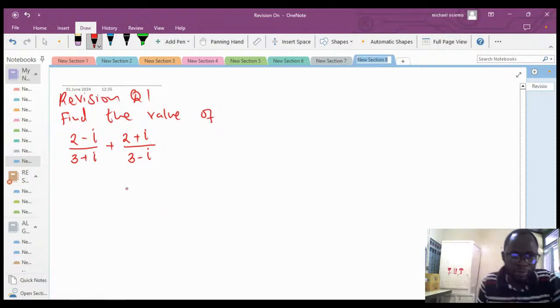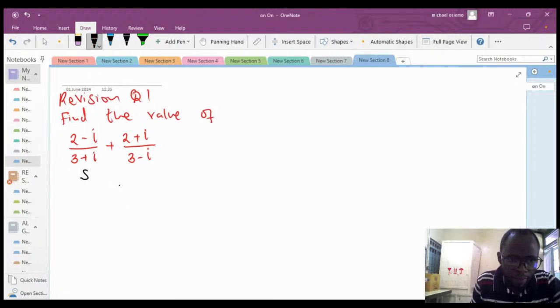Now, solution. We should do the solution using the black pen. So this one is a question on complex numbers.